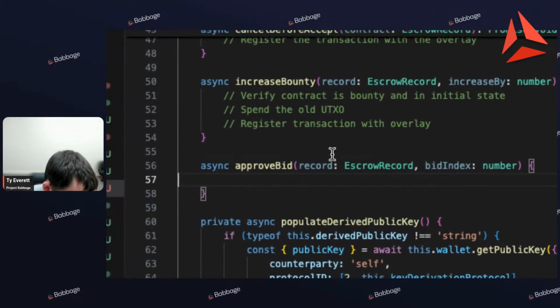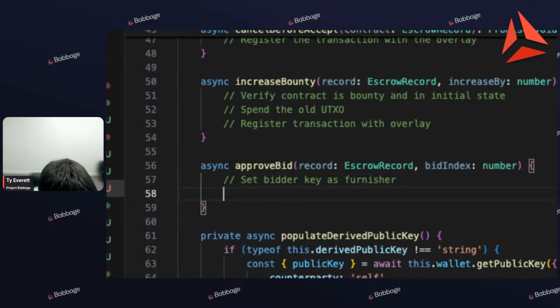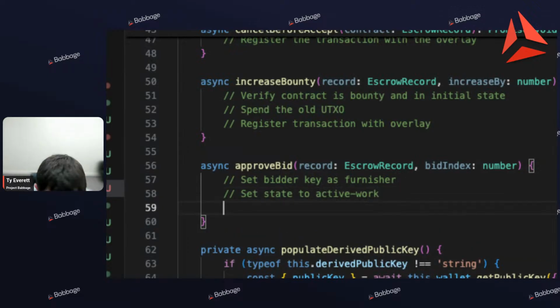I can approve a bid. What am I going to do there? Set bid as set bidder key as furnisher. State goes to active work.